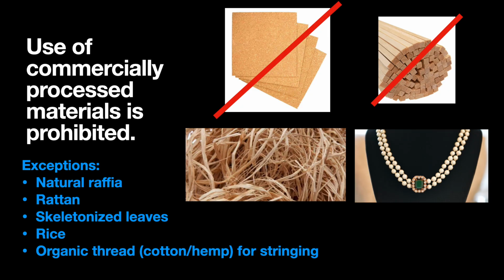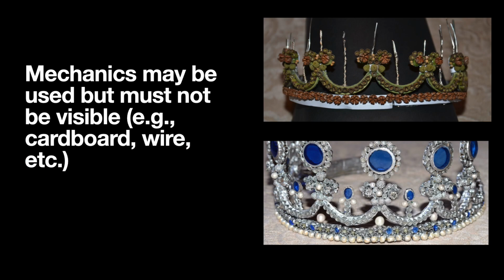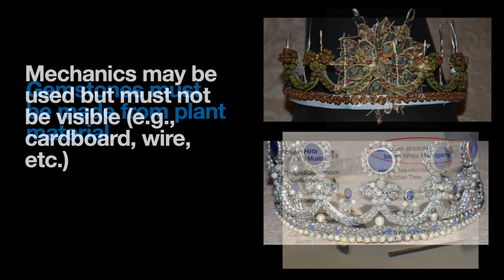We also allow organic thread, as long as it's cotton or hemp, for stringing between beads or pearls of plant material. And it has to be plant material. You can't use silk. Mechanics may be used, but must not be visible. So in other words, you can use cardboard or wire, but you have to cover it with plant material.